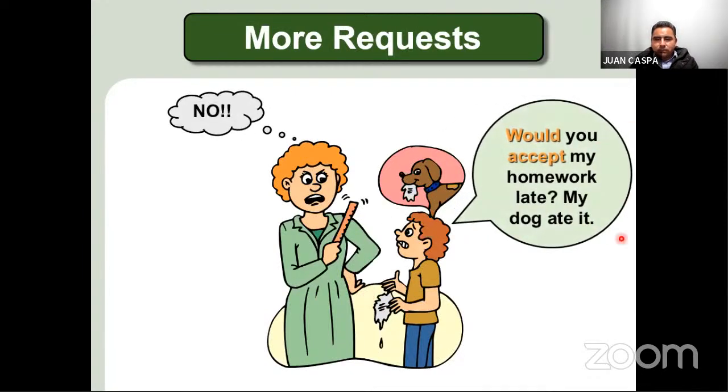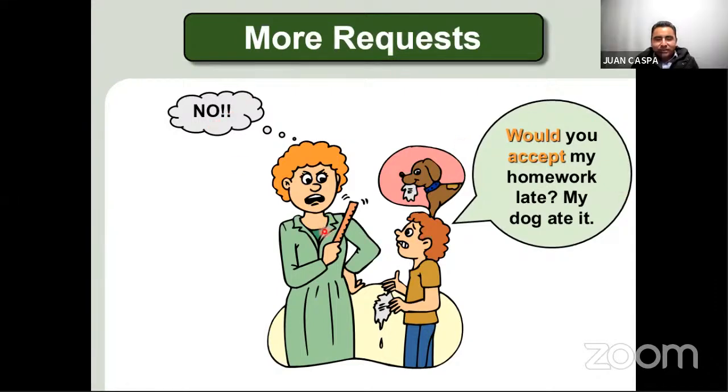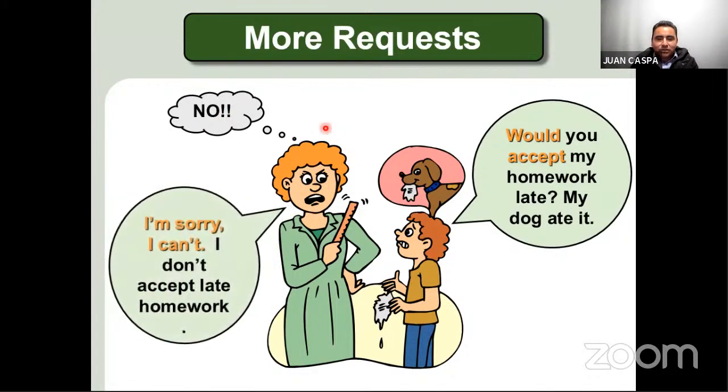Continue, please, Ernesto. Would you accept my homework late? My dog ate it. No, right? That's a very typical excuse. But no is not polite. In English, we always try to be polite. Siempre tratamos de ser gentiles, ¿no?